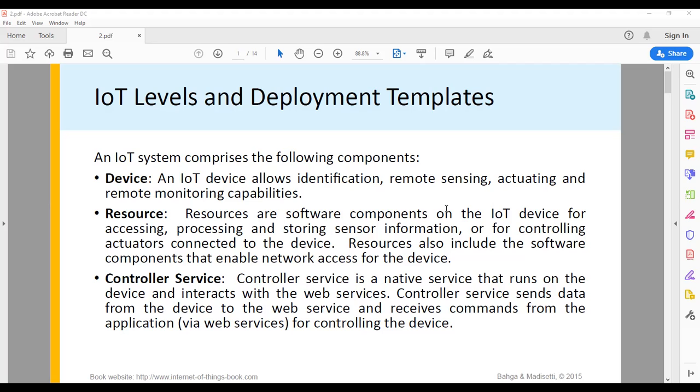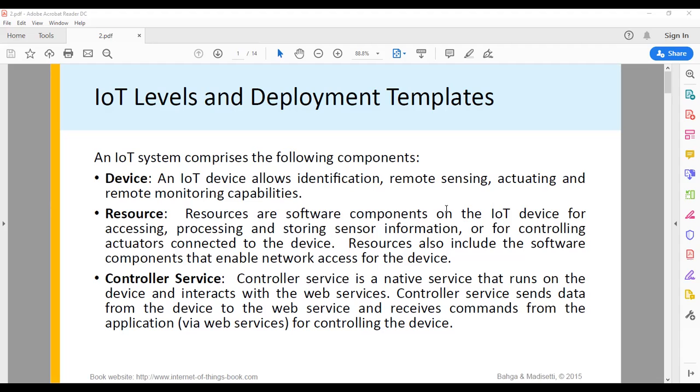There are many resources used in an IoT system, like different kinds of software and hardware, also internet services and a network for communication. Then there are controller services to control or monitor the data, or to control the IoT device.